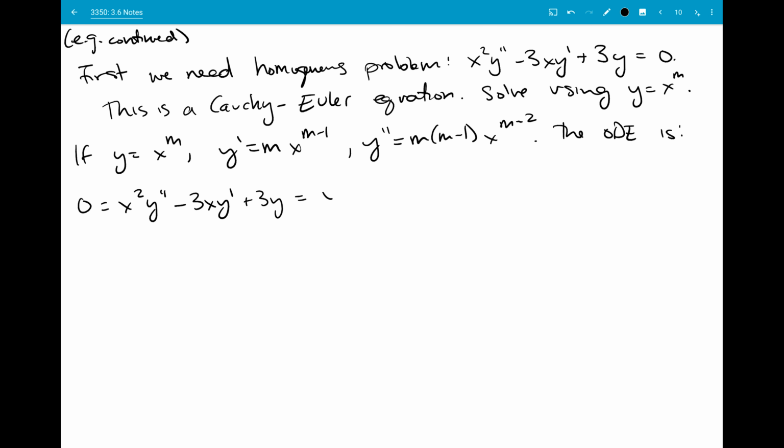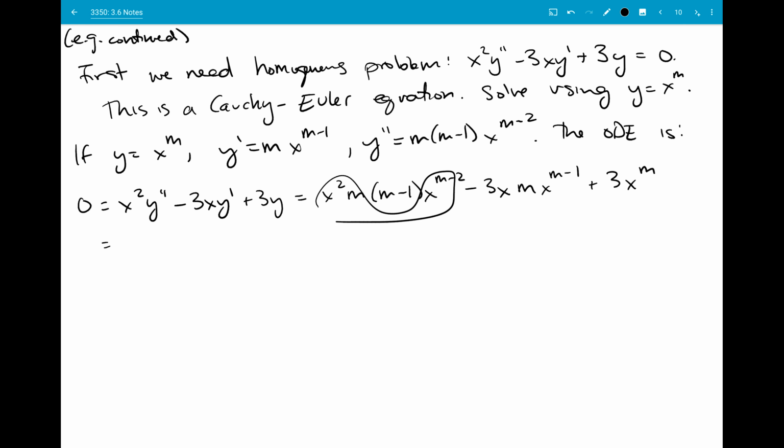When we remember that x squared times x to the m minus 2 is x to the m, and x times x to the m minus 1 is x to the m, what that gives us is m times m minus 1 x to the m minus 3m x to the m plus 3x to the m.